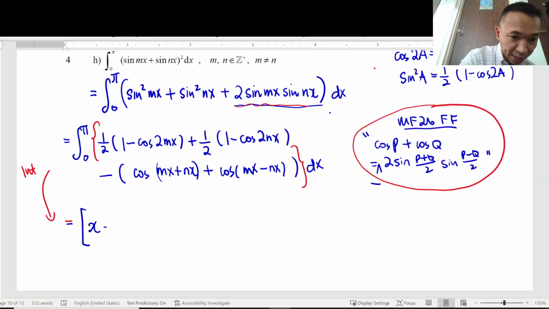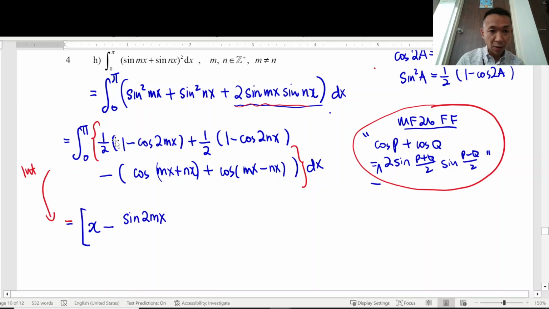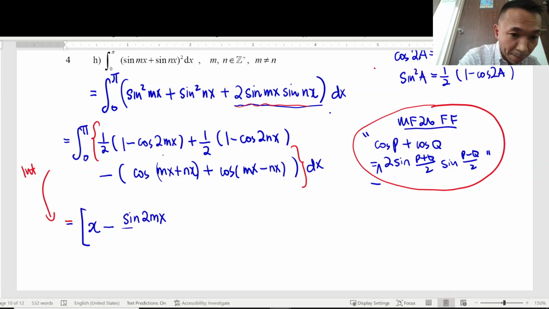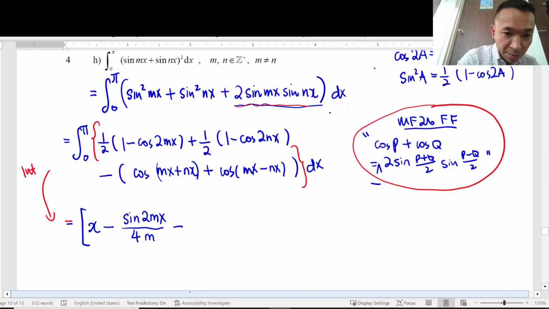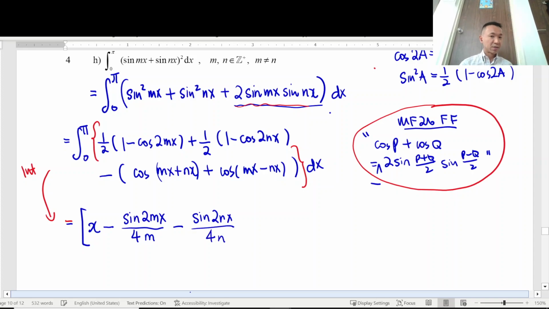You have a minus sine 2mx. But not quite correct, because you have a mx, so you must divide by 2m. And there's a 2 here, divide by 4m. Check. When I differentiate this, do I get back this? Yes. Don't believe, you try. Minus sine 2nx. This expression is exactly the same except they change m to n.